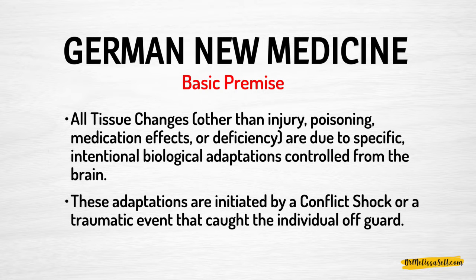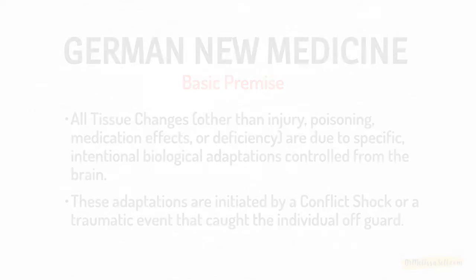These adaptations are initiated by some type of biological conflict shock. So this is a shocking, traumatic, isolating situation that caught you off guard in a moment, and your body set off a biological program to adapt your tissue to improve your chances of survival. So that's the big picture we are dealing with.